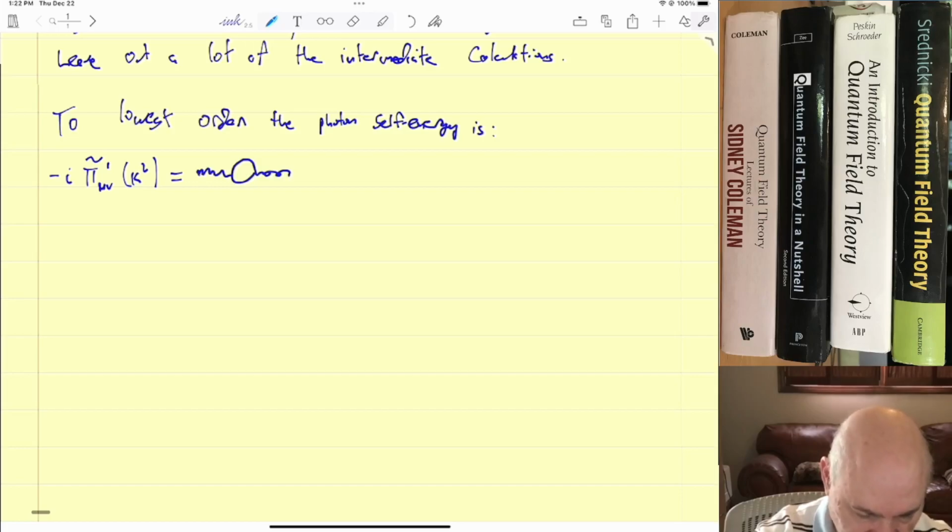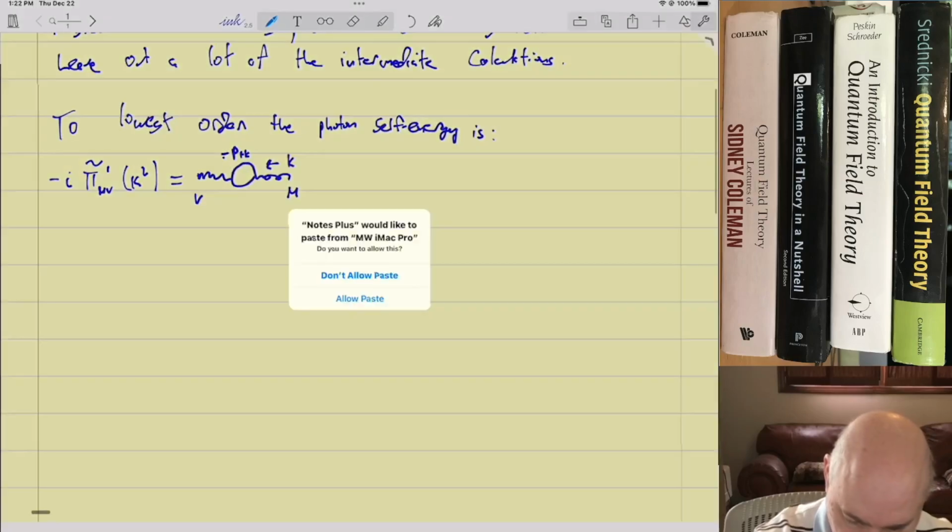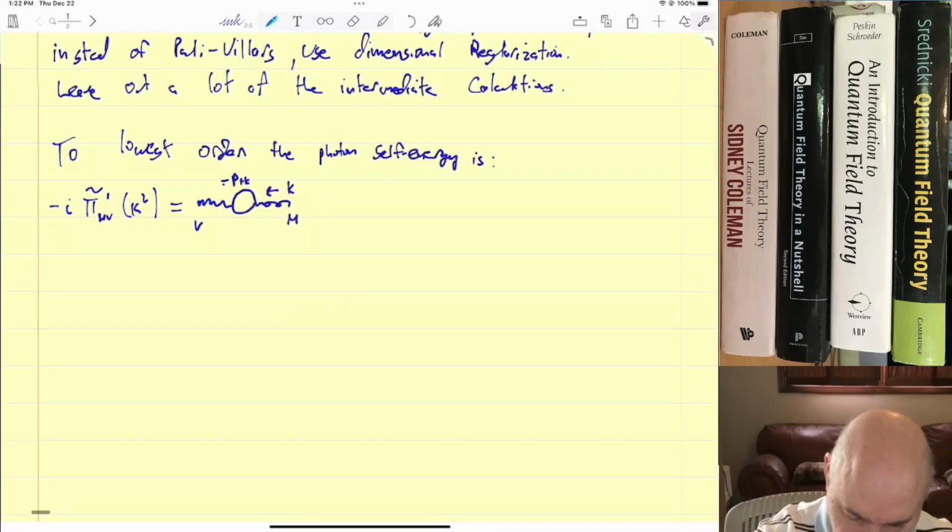It's not a fermion this time. We have indices mu and nu, k going this way, p plus k on the top half of the loop, k going out, and p on the bottom half of the loop. That's very similar to the diagram we had last time, except we don't have to worry about the spinors. Makes everything a lot easier.